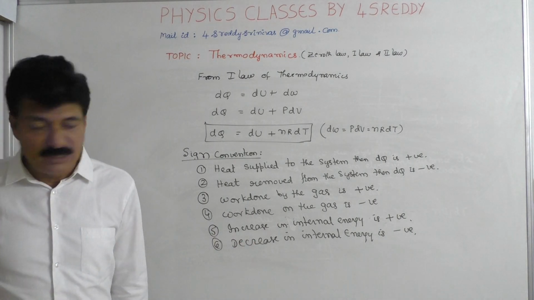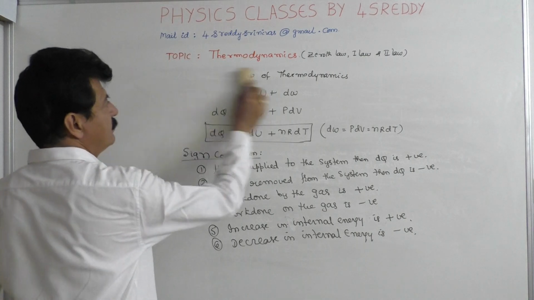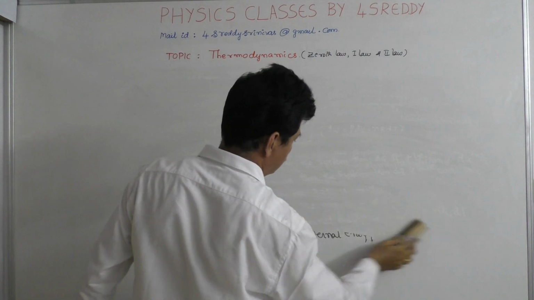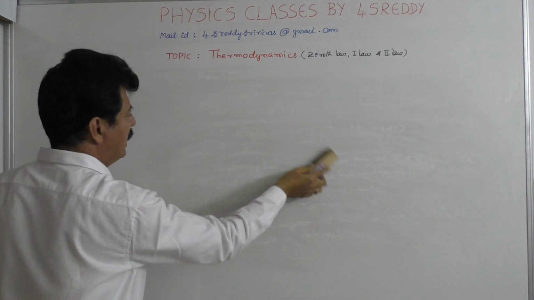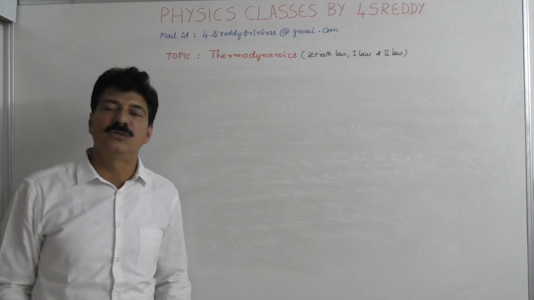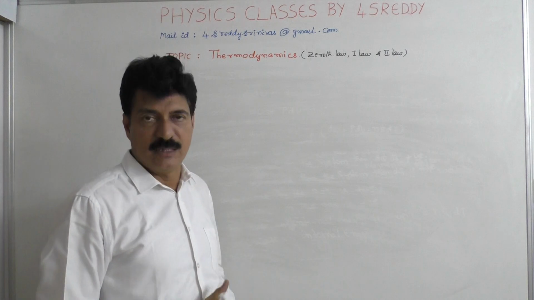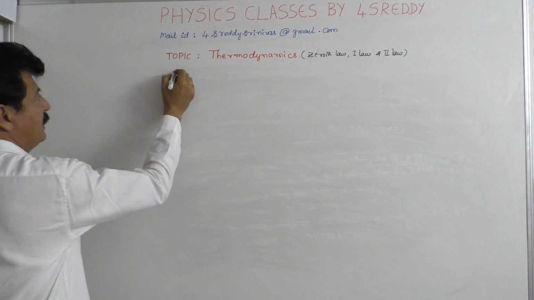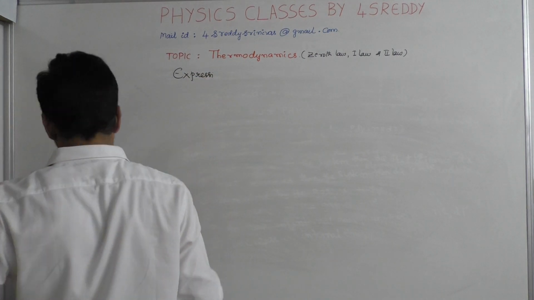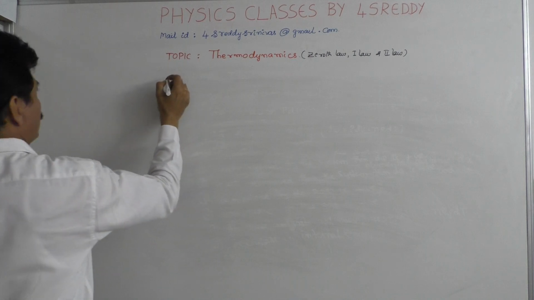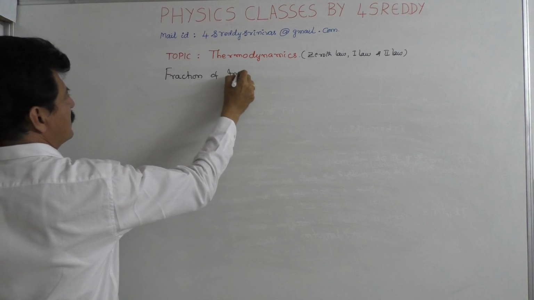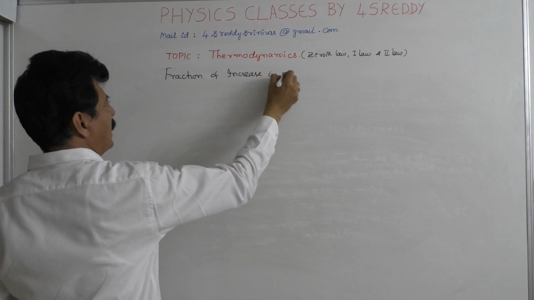Once you got the idea of this, now come to the other one. What fraction of total heat is utilized to increase the internal energy, and what fraction of total heat is utilized to do the external work? So, side heading, that is expression, or otherwise you can say fraction of increase in internal energy.